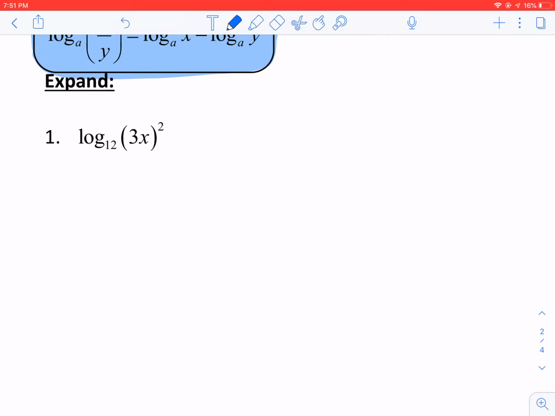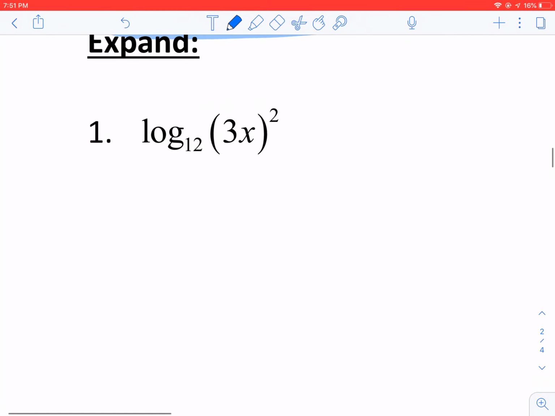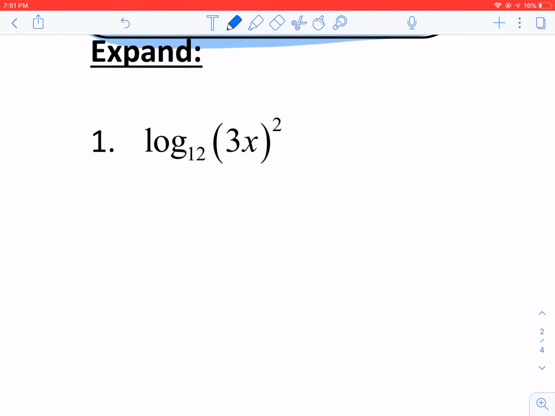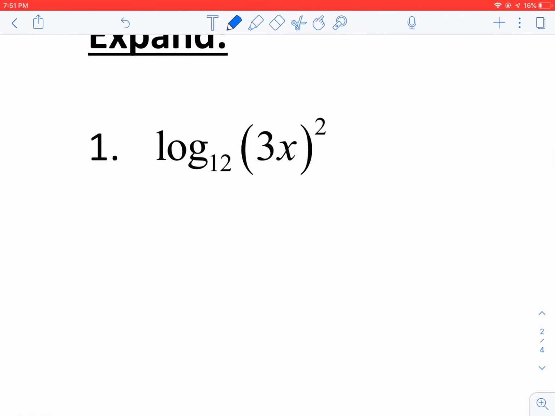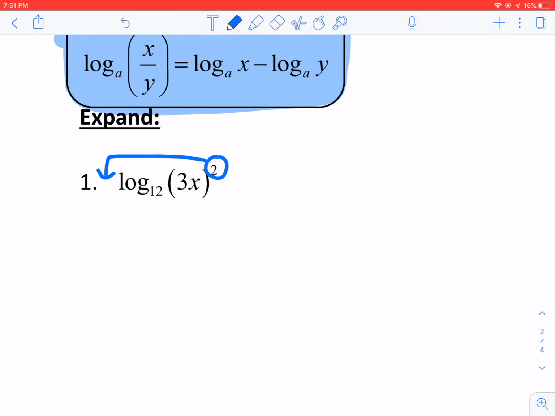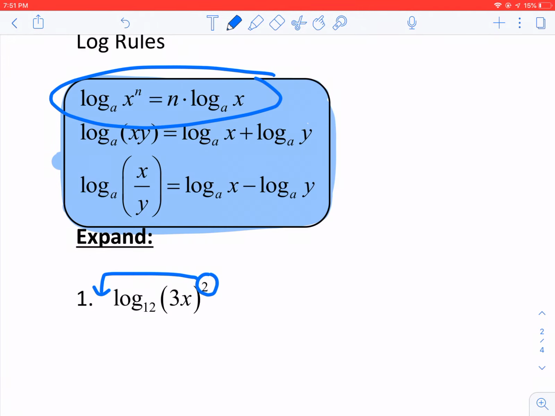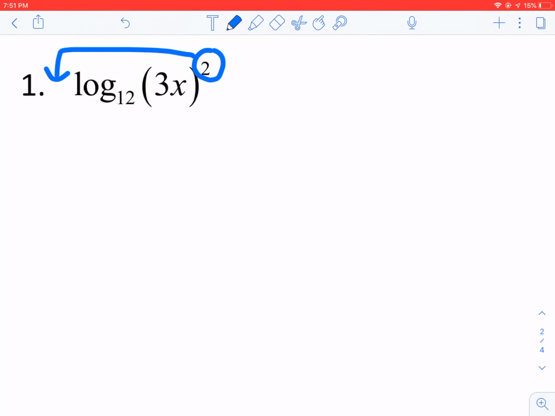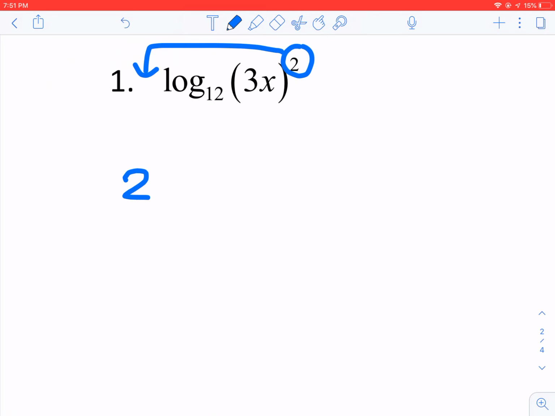All right, so number one here, we are going to expand this, which means we want to break it up into multiple pieces. The first log rule says I can take this and move it to the front. I'm using this first rule. So I can make this 2 times log base 12 of 3x.